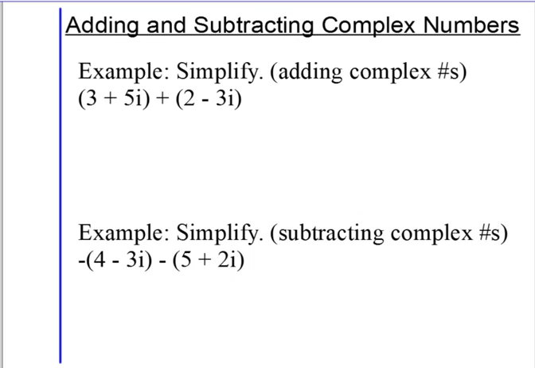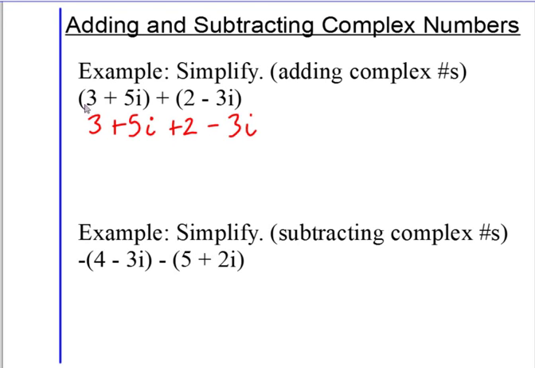So let's learn how to add and subtract complex numbers. Another way of saying simplify in this problem is to say that you're going to add the complex numbers. It's actually quite simple. We just look for the like terms and we combine them according to what we see. Since this is all positive, there's no negative signs in front, we can drop those parentheses because no sign change. A positive with a positive still remains a positive 2, and a positive and a negative still remains a negative 3i.